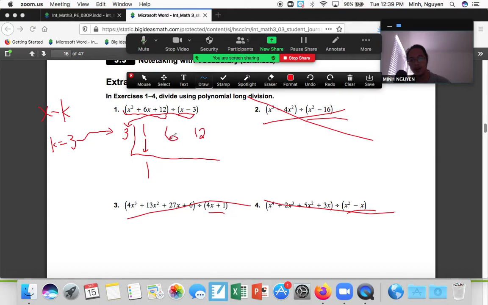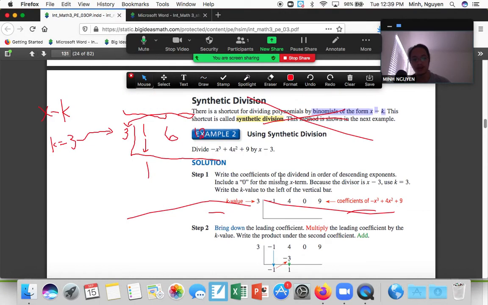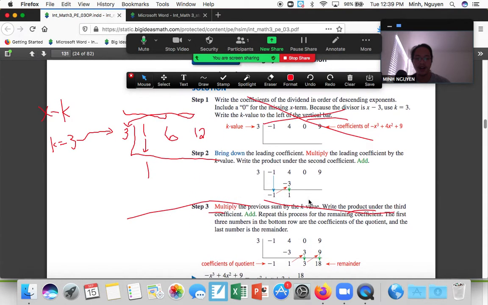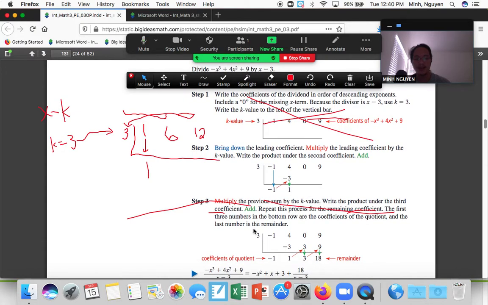And then we're going to pretty much do the same thing as in long division, except instead of multiplying and subtracting, we'll be multiplying and adding.